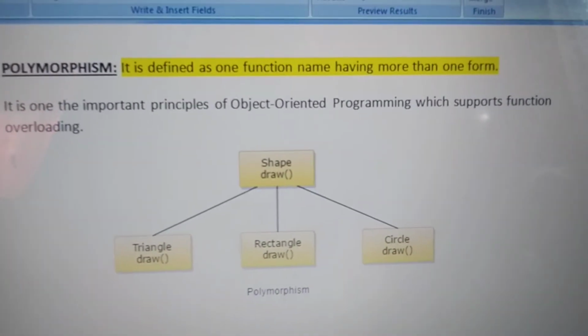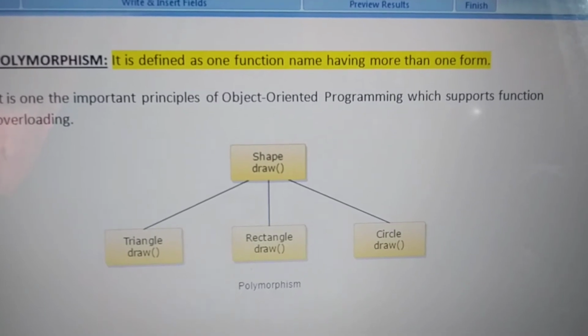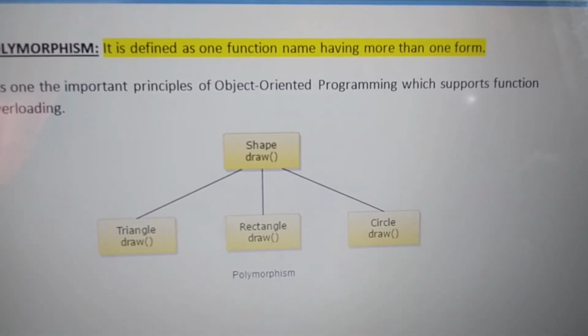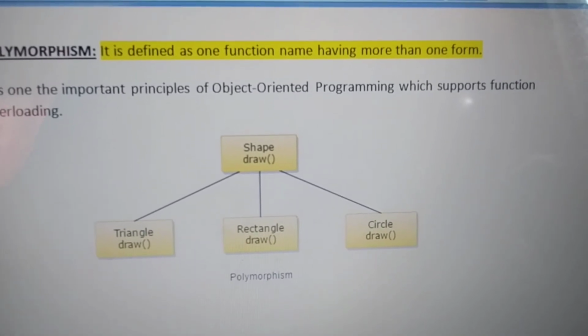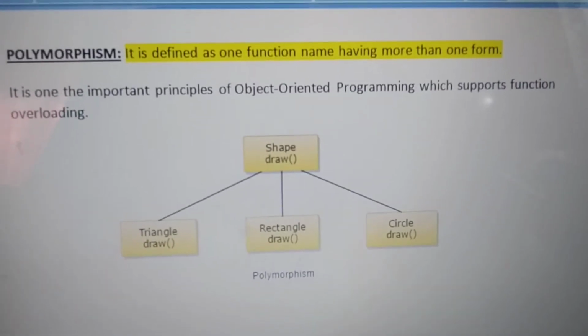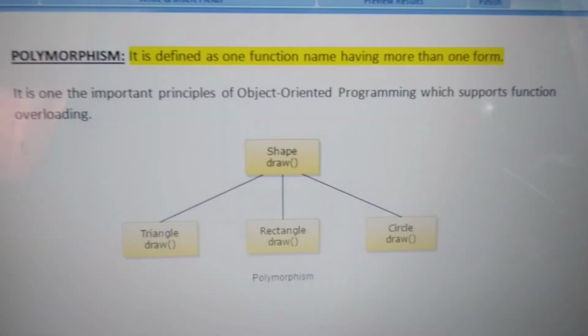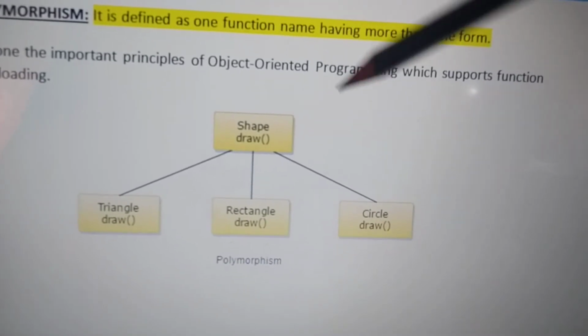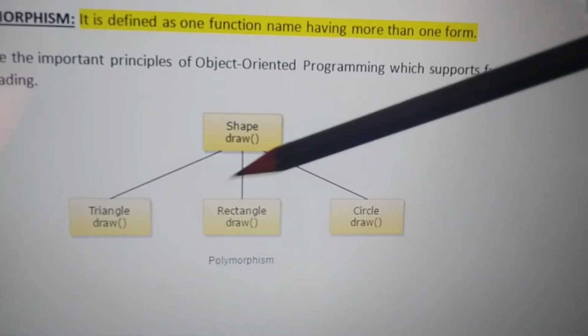See, polymorphism is defined as one function name having more than one form. Once again I am repeating: polymorphism is one function name. See, the name of the function is draw out here also.